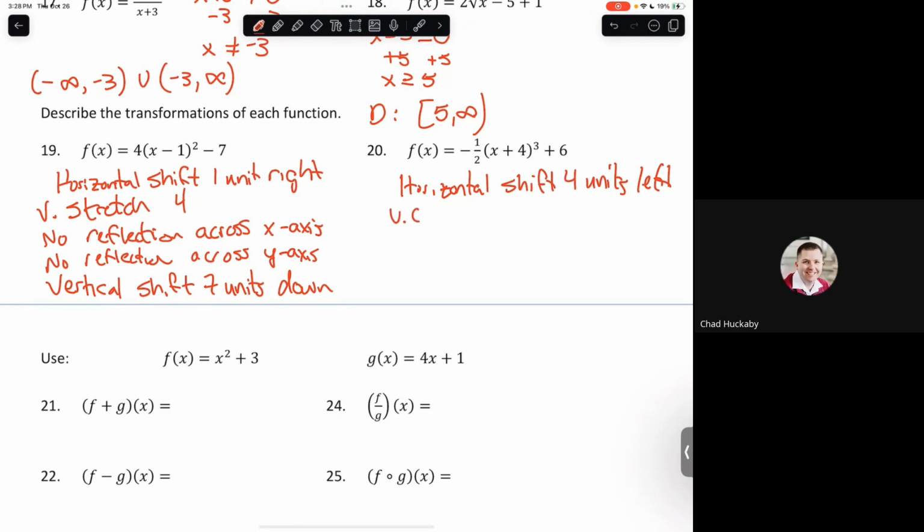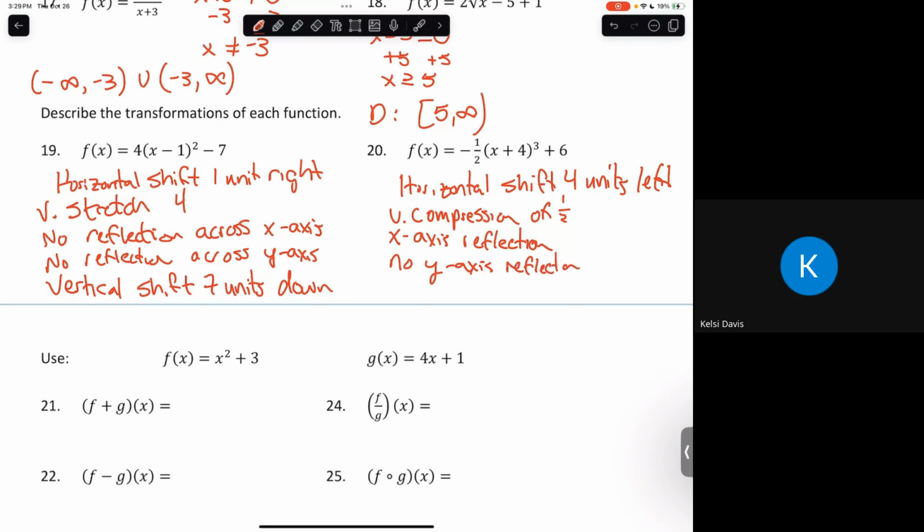We have a vertical compression. This value here of 1/2. And because we have this negative out front, we have an x-axis reflection. Because there's no negative on the inside of our function, there's no y-axis reflection.